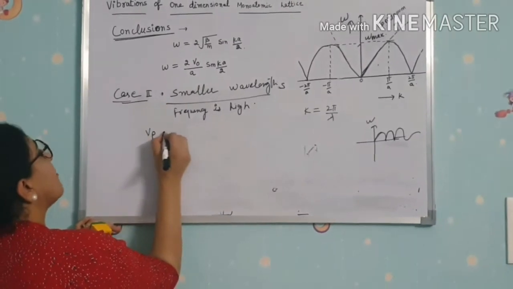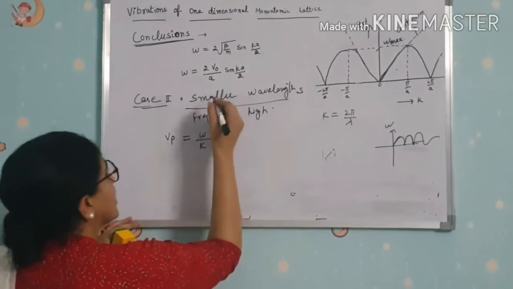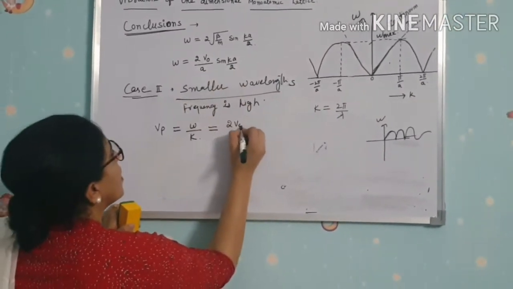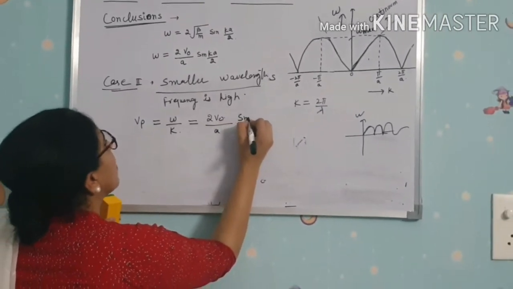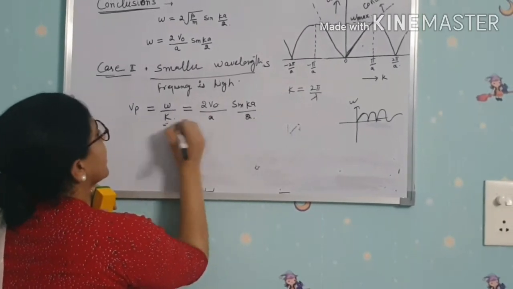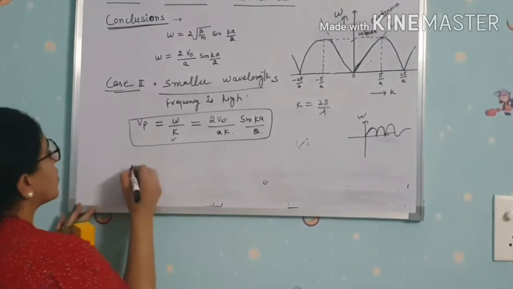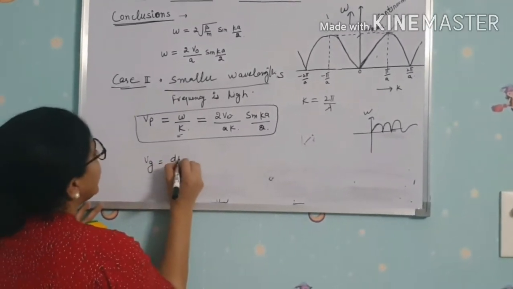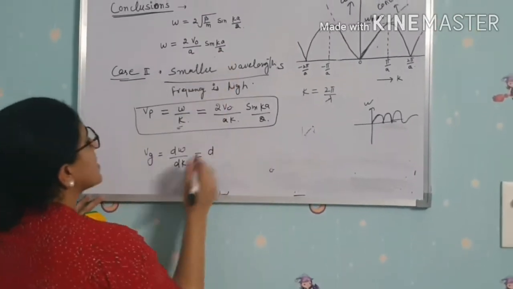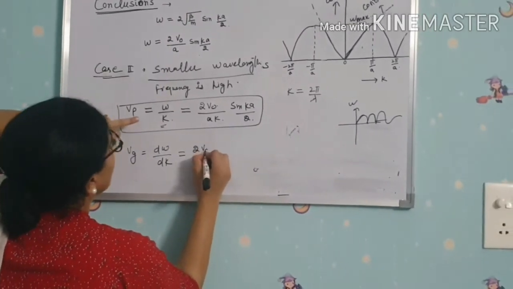What about Vp? Vp is equal to omega by k. So omega is 2 V naught upon a, sine of k by 2, divided by k, where k is the wave vector. So this is the phase velocity. And what about group velocity? That is d omega by dk, which is d by dk of this. So this is equal to 2 V naught upon a.